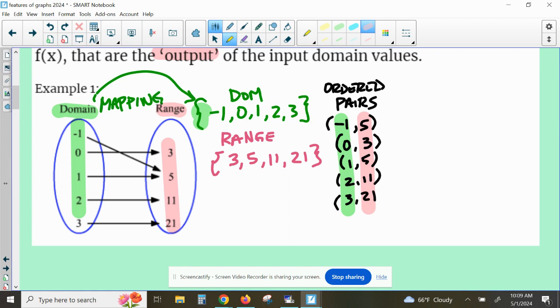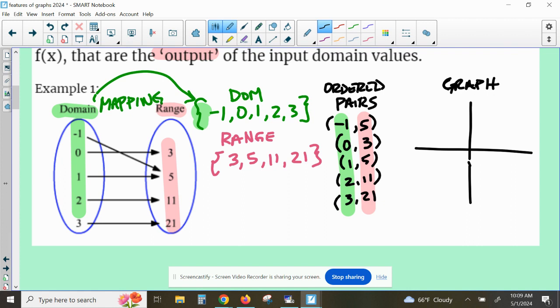They might also give you a graph instead. So maybe they'll give you a graph. I'm not going to put all these points on here. Let's just put a couple of them on just so we have an example. So they could just give you the points of like -1, 5, 0, 3, 1, 5, and so on.